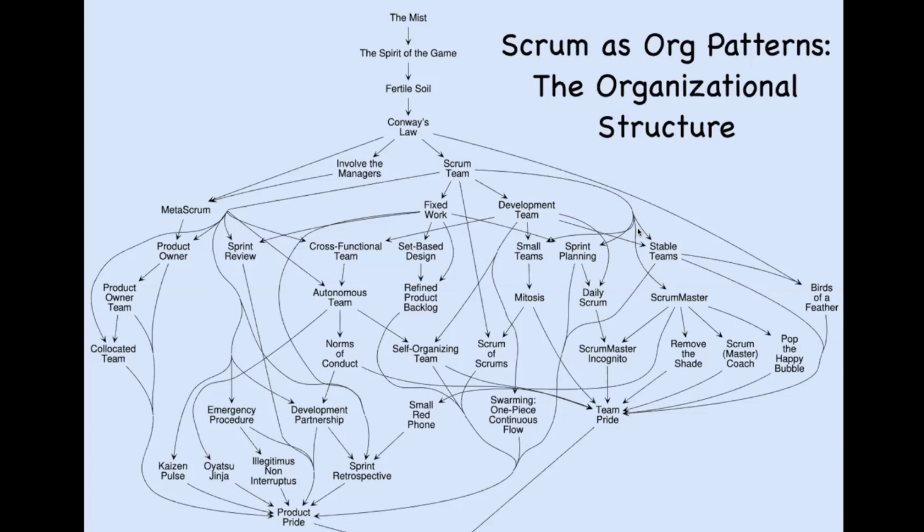So you can apply a pattern only if its parents have been applied. Other than that, there's really no rules. Well, you start at the top and you work your way toward the bottom. And what you try to do is find the weakest part in your organization and then find a pattern from this selection that you can legally apply, that is, all of its parents have been applied, and then you try it out. This is for the organizational structure.